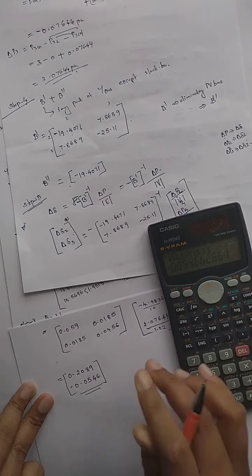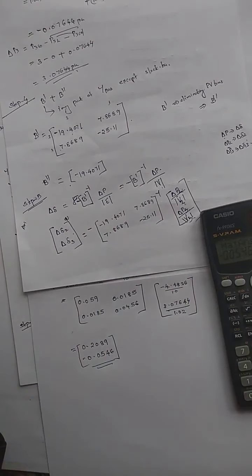So this is the value for delta 2 and delta 3 that I have got.